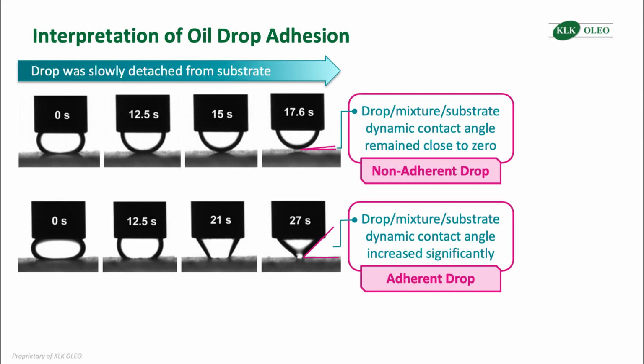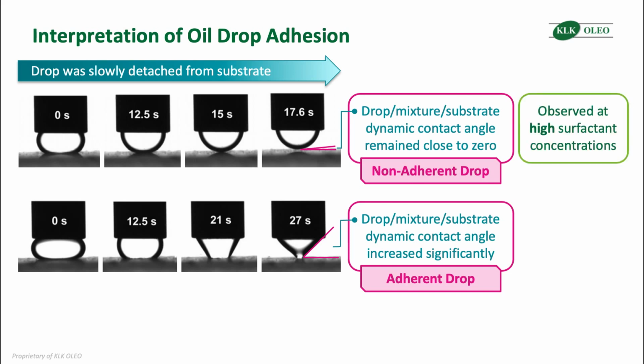This shows that the oil drop is not adhering to the substrate, and therefore we label this as a non-adherent drop. In the second set of pictures, the dynamic contact angle increases significantly during detachment. This is because the oil drop is adhering to the substrate, and therefore we label this as an adherent drop.